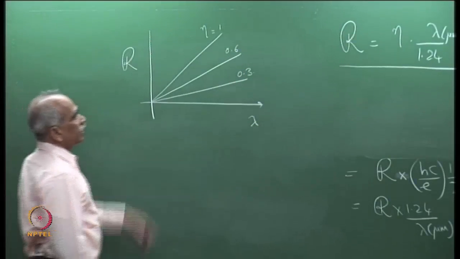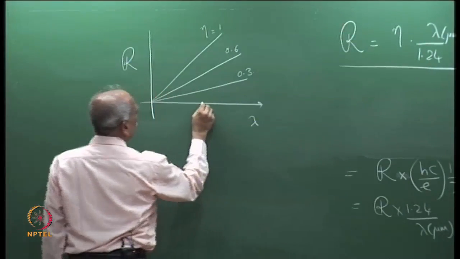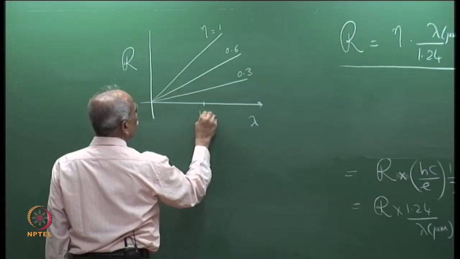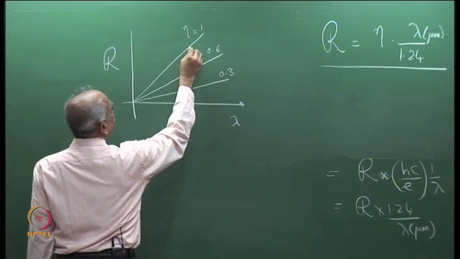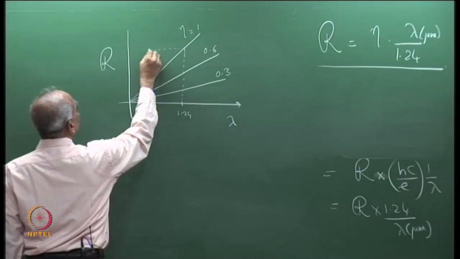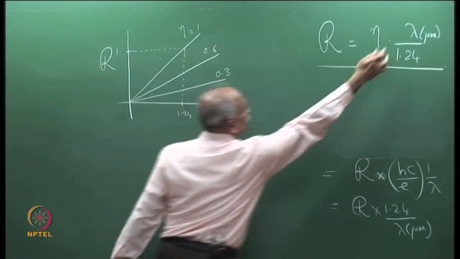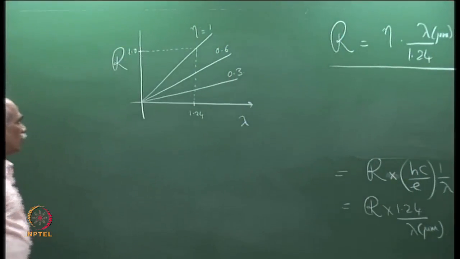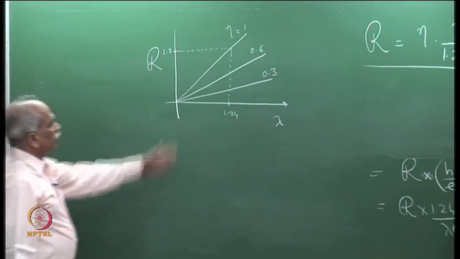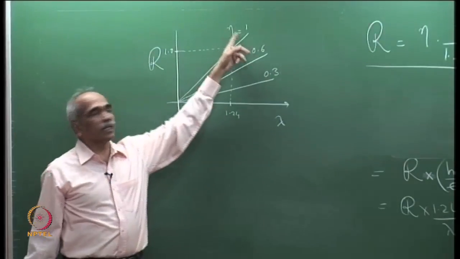You can see the typical numbers: if lambda is equal to 1.24 and eta is equal to 1, then the responsivity will be equal to 1. So, this is the graph that we have for responsivity, assuming that eta is a constant.